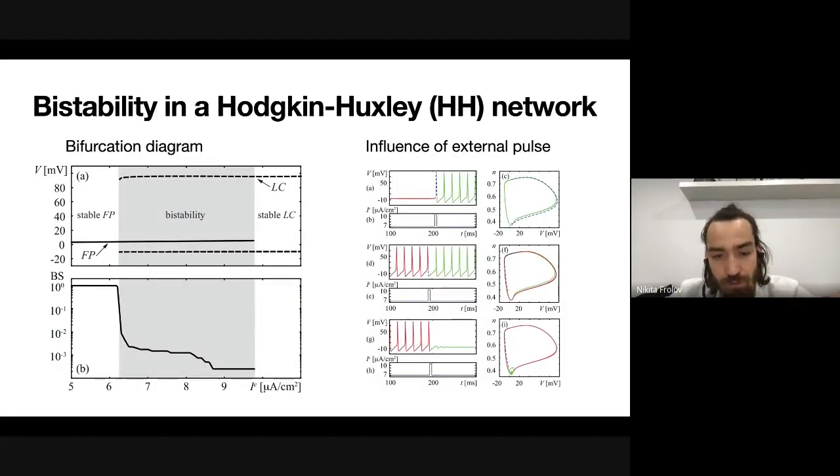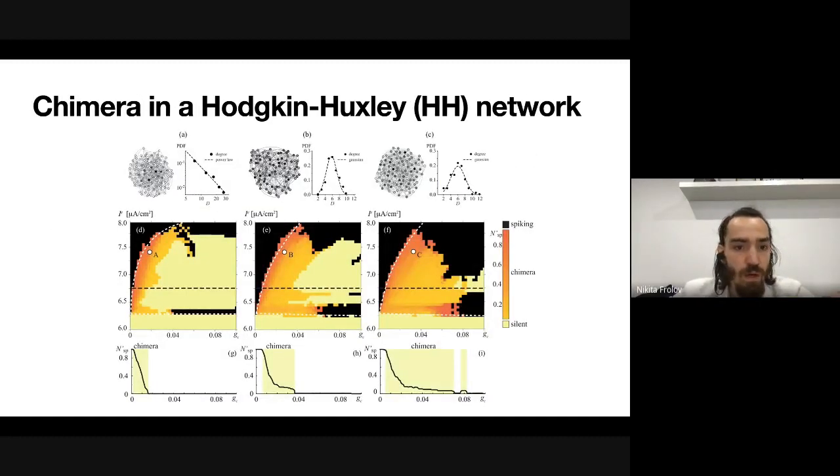This interesting phenomenon is the core mechanism of the emergence of the chimera state or chimera-like behavior, which we observed in our work. Under the interaction and the increasing of this current bias, we observed an unexpected situation: increasing of this current leads to the emergence of silent subpopulations of neurons, when originally all of them were spiking.